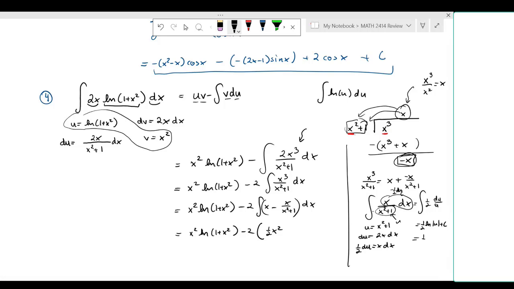Well, anyway, you get minus and then half log, and I'm just going to leave the absolute value off because it's positive anyway, up to a constant. And I guess you can simplify by distributing as well.